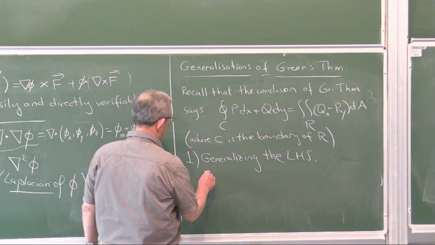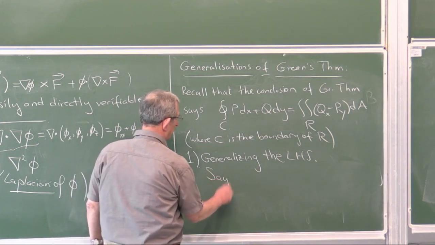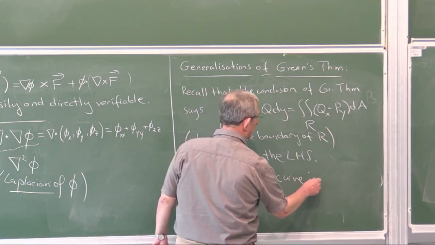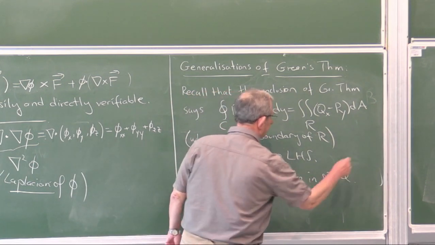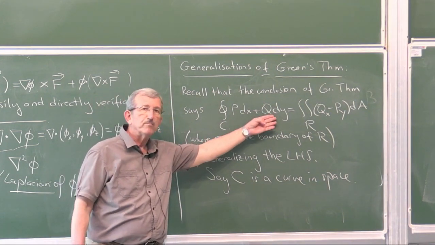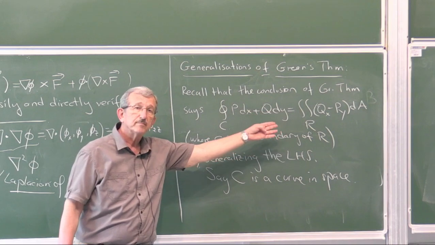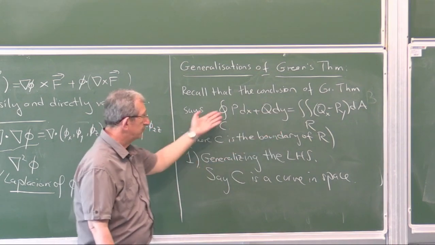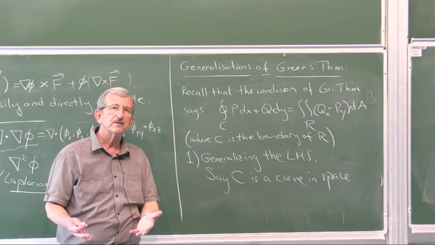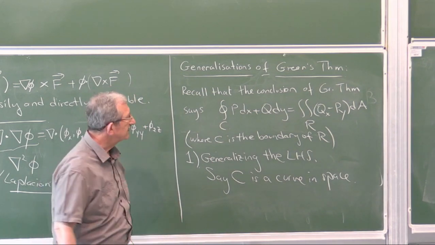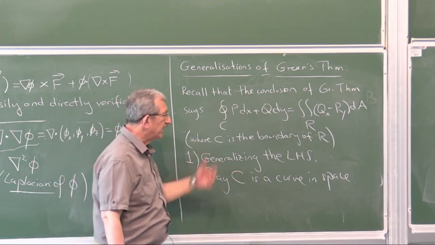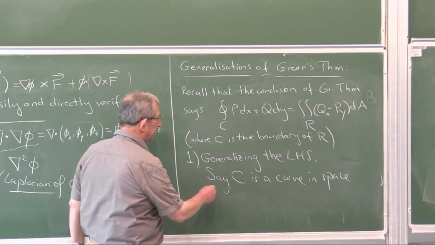So say C is a curve in space. Well, if C is a curve in space, of course, we have a third term, R dz, okay, because we have x, y, and z's, but we know what that means. It's similarly defined as in the two-dimensional case.